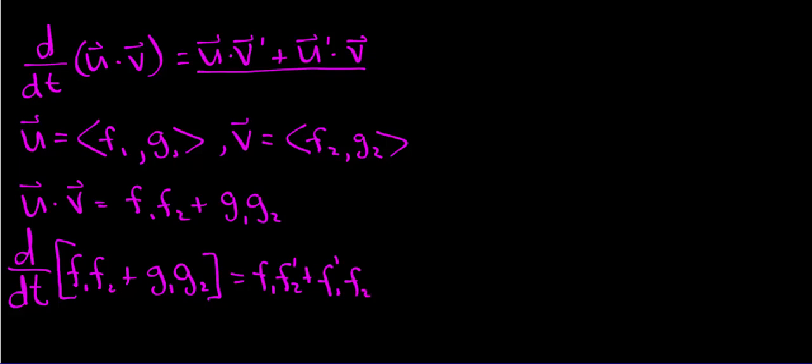Okay, that takes care of those f's. Now let's look at the g's. So we've got g1 g2 prime, the first times the derivative of the second, plus the derivative of the first times the second. There we have it.